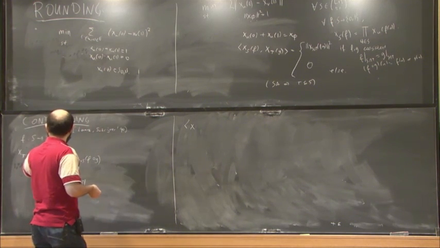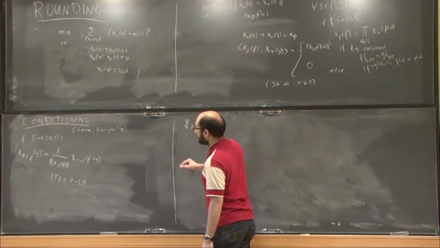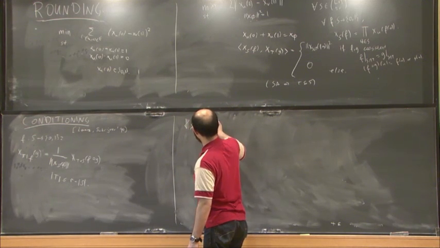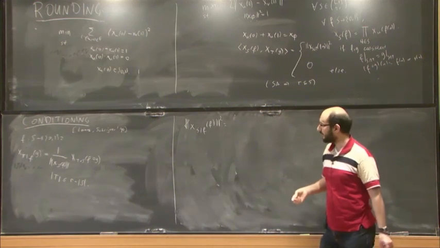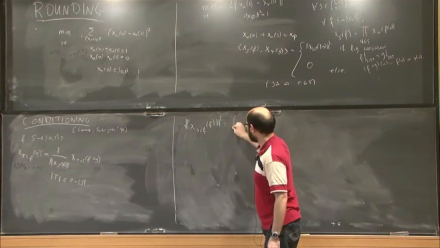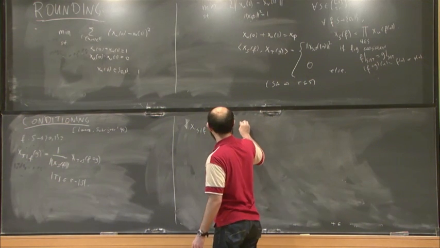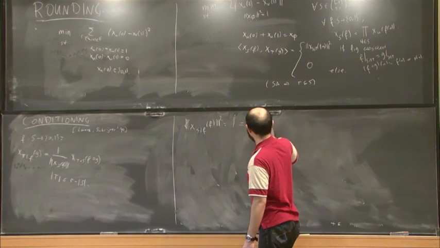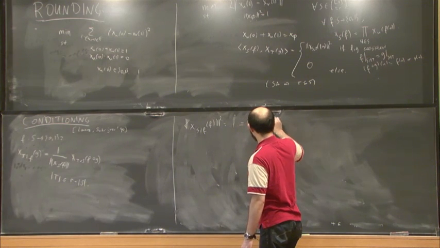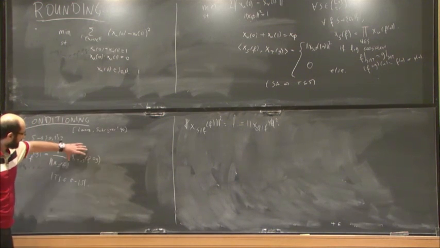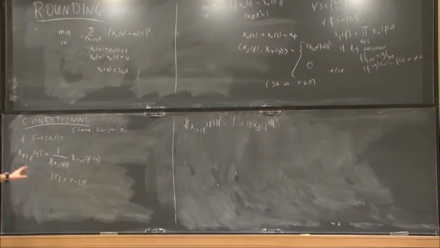For example, if we conditioned on F, what's the length of this vector now? This is 1, right? This is basically the empty set on F, and since this is S, and F, this ends up being equal to X_S of F, and this is a unit vector now. Therefore, the length is 1.